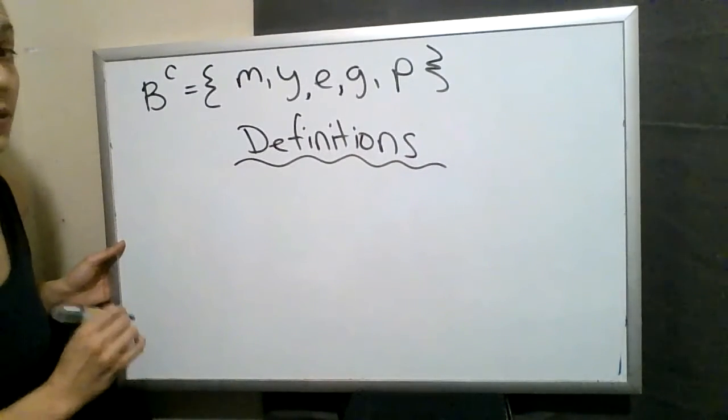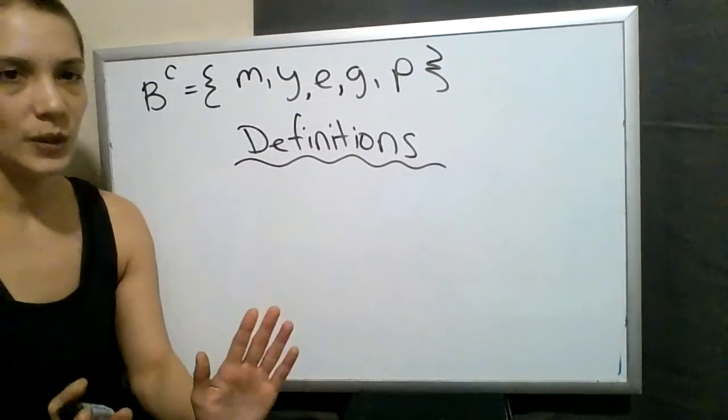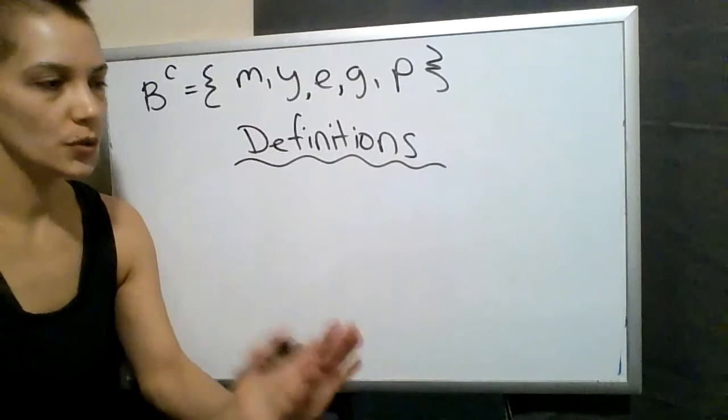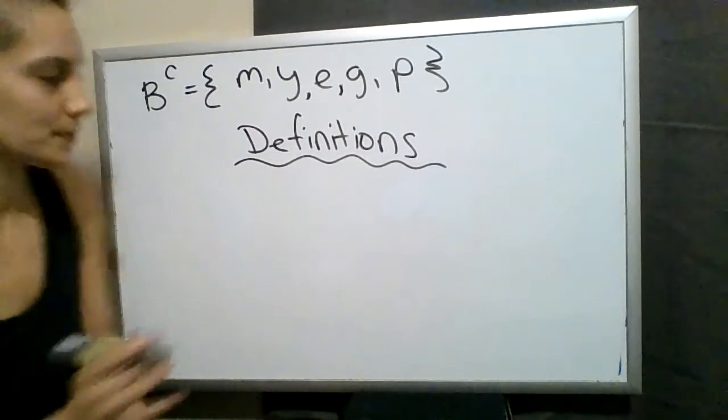First one is a variable is a characteristic that can assume different values.